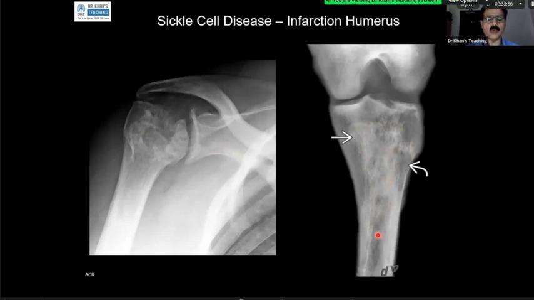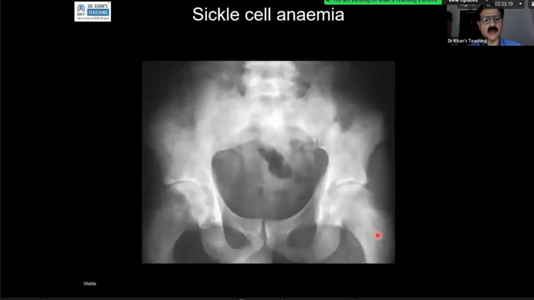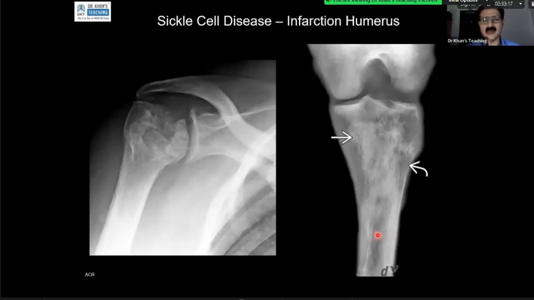Now, here I want you to differentiate between the term AVN, avascular necrosis, versus infarction. So, the key point is, actually, we have just created this difference.